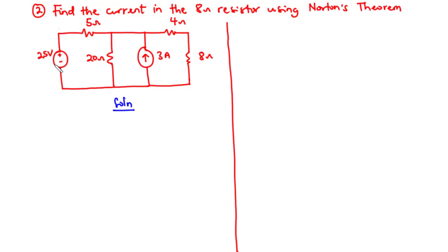So let the 25 volts act alone. So if the 25 volts is acting alone, then we are going to deactivate the 3 amperes current source. So we are going to represent that with an open circuit. So we have the 25 volts.